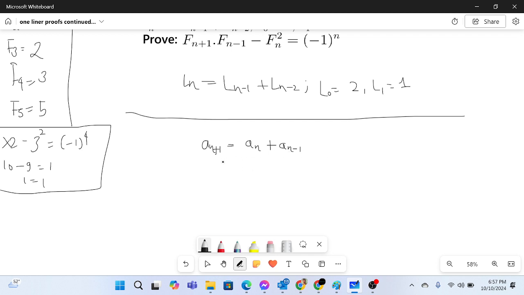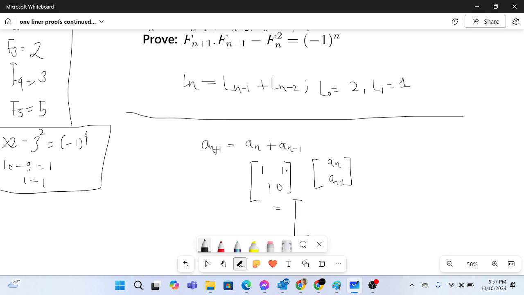Now if I want to capture this in matrix multiplication, what I can do is, let us say I have a(n), a(n-1), this matrix representation of the sequence, right? And if I multiply this with [1, 1, 1, 0], let us see what I get.